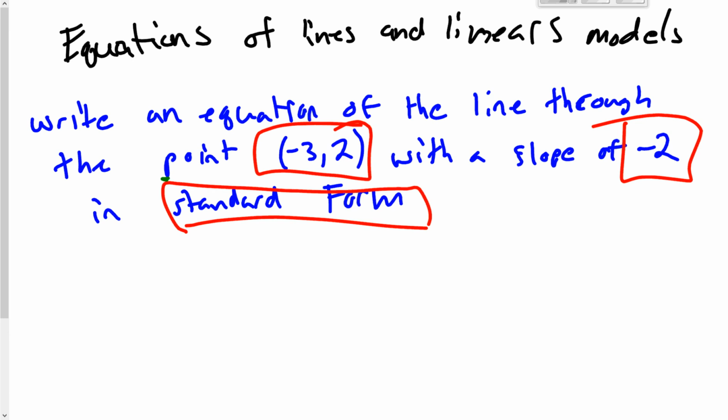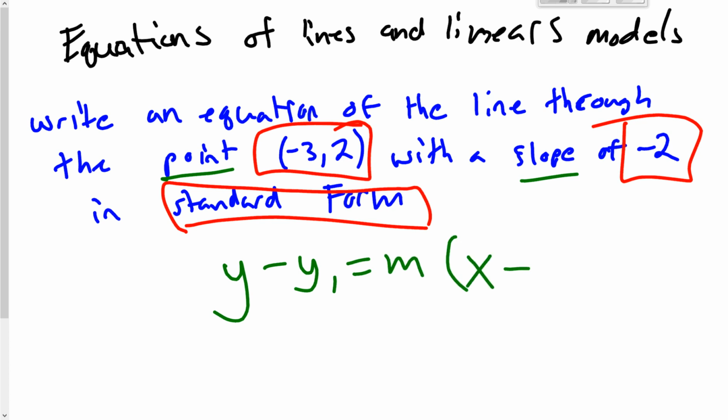Because it gives us a point and a slope, we're going to start with point slope form, which is y minus y1, that's the y value of our point, equals our slope times the quantity x minus our x value, x1, of the point. So we start with point slope form, then we're going to move to standard form.